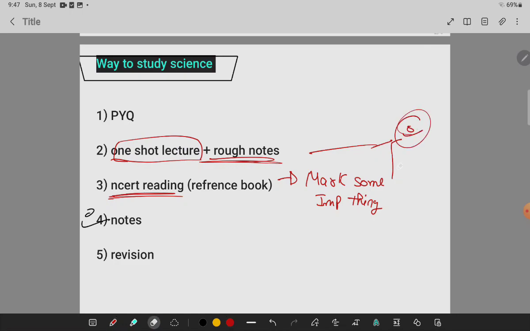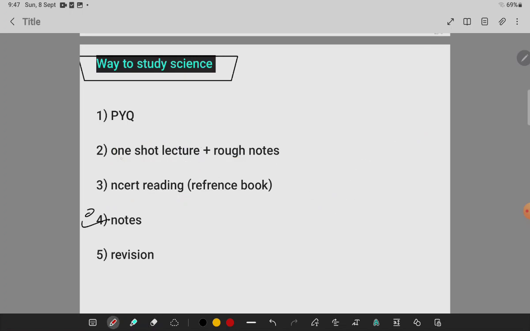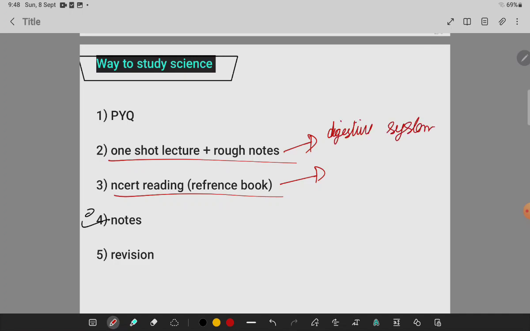So for example, there is one topic, the digestive system, in the one shot lecture and in the NCERT line-by-line reading. In the one shot lecture, if something is missed out, then when you read the NCERT, that missed point should be added from your NCERT also.